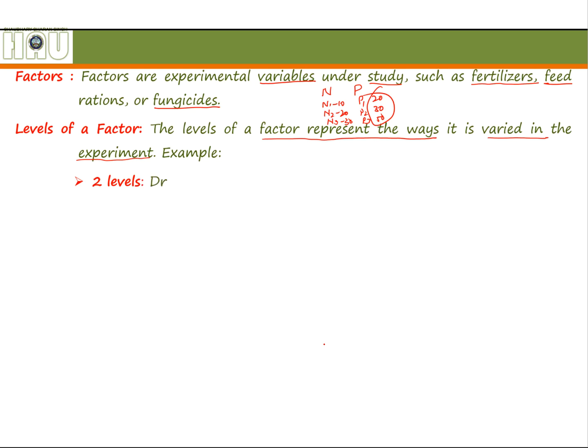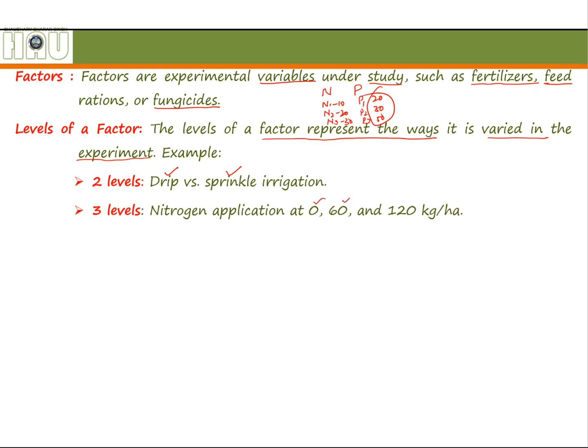So if a factor has two levels, for example drip versus sprinkler irrigation. If three levels, nitrogen application at 0, 60, 120 kg, and so on and so forth. So level of a factor represents the way it is varied in an experiment. Then uniformity trials.